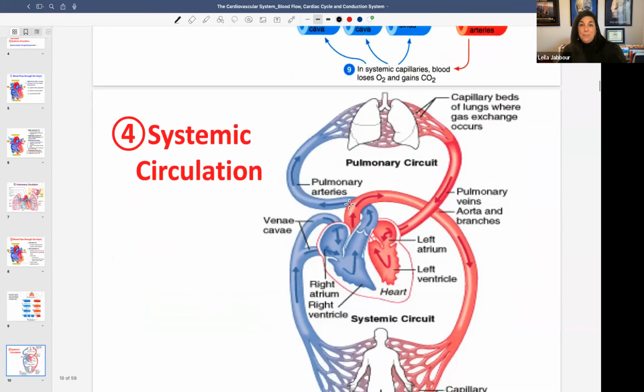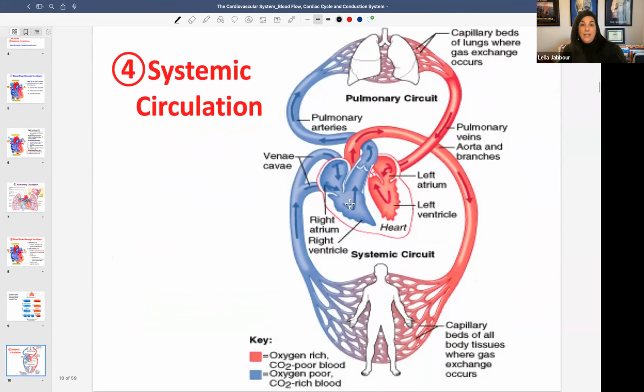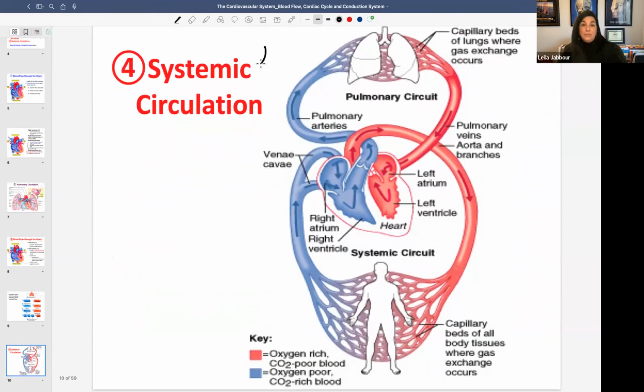So once it gets pumped out of the aorta, it goes into the systemic circulation. And it's meant to go feed the tissues. So it will arrive at capillary beds in each region that it is supposed to go to, which is the entire body. It's going to slow down.